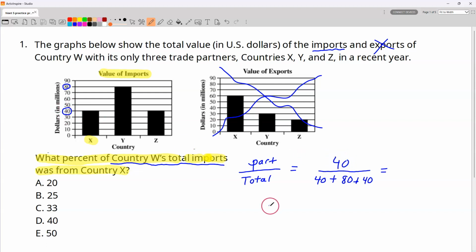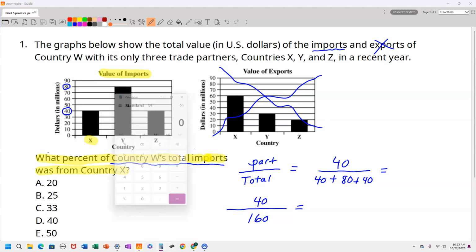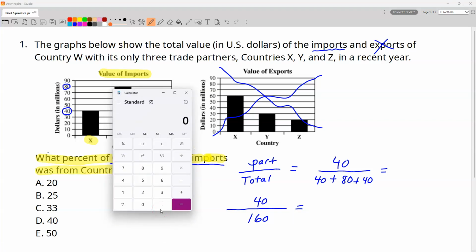And I'll just simplify this ratio. I'll come down here. So it's 40 divided by 40 plus 80 plus 40 on the bottom. Well, let's see, that's 160. And then you can use a calculator to go 40 divided by 160. Let me see, do I have my calculator here? Yes, I do. Here, you'll have access to a basic calculator, so you can just go, this means division.